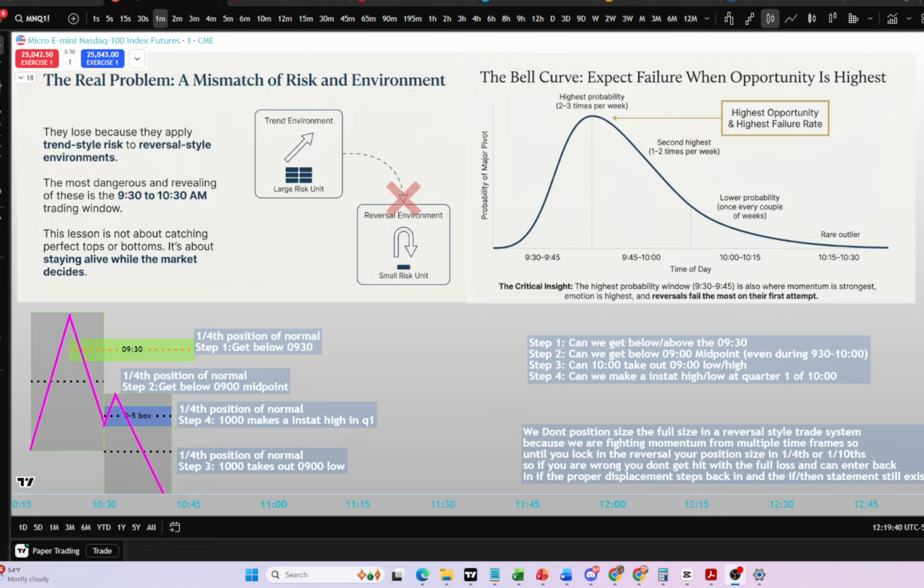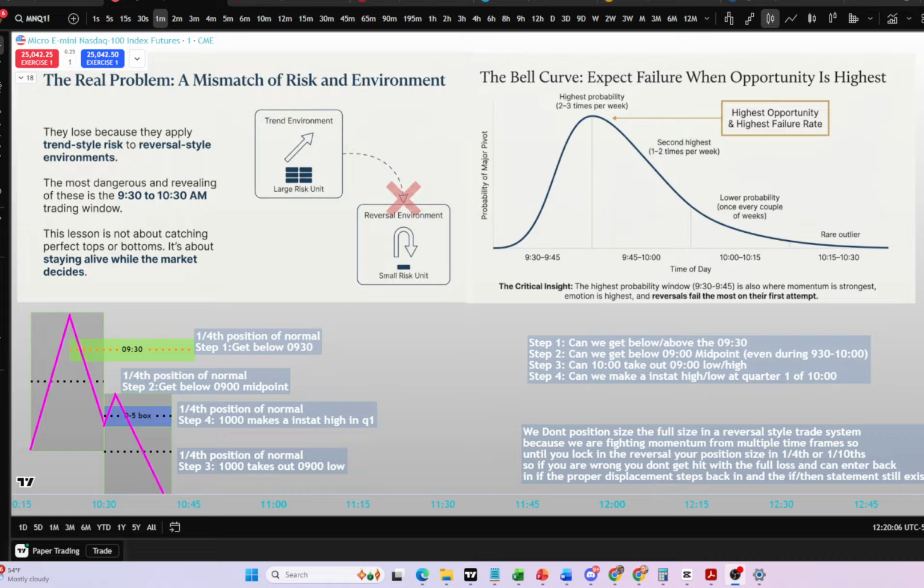The 9:30 to 10 o'clock window isn't the time to do that. You have one problem to solve: is this going to reverse, and where's the proof of it, or is it going to continue momentum? Because like I said before, if you get this pivot right, you're going to leash off of that information for the next couple of hours, if not the rest of the day.